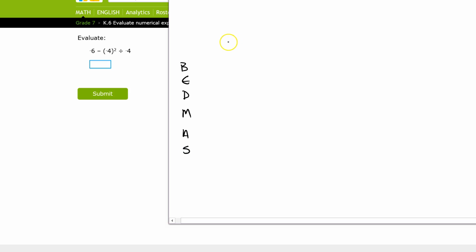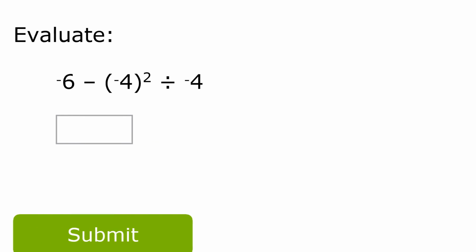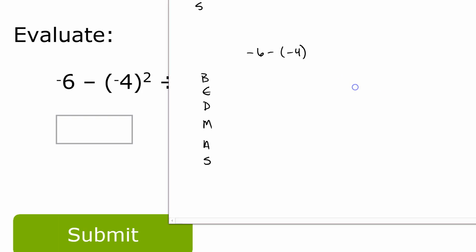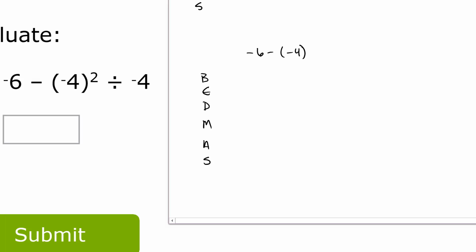So here's where it gets really tricky. Negative 6 minus negative 4, because there is a negative right there, squared, divided by, and I'm just going to put this in brackets, negative 4.